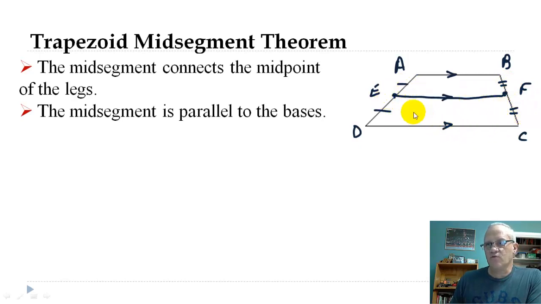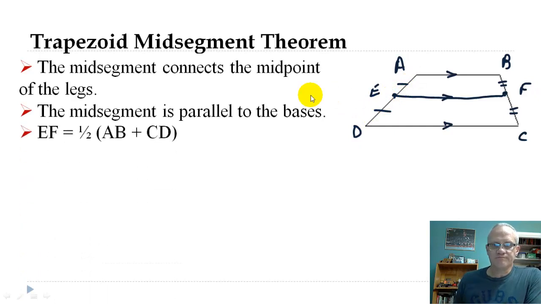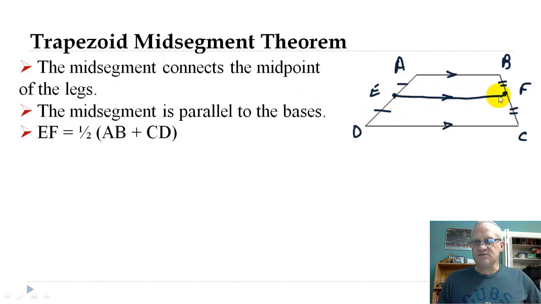They're not all four the same necessarily, but BF and FC will be congruent, and AE and ED will be congruent. And then finally, this is going to make more sense when I do an example, but to find the distance of EF, basically you're just taking an average. You just add AB plus CD, and divide by 2, or take half of it, and that will tell you what EF is. It's really just kind of like an average.